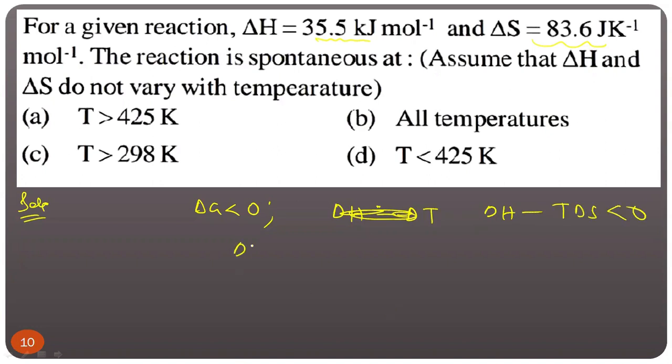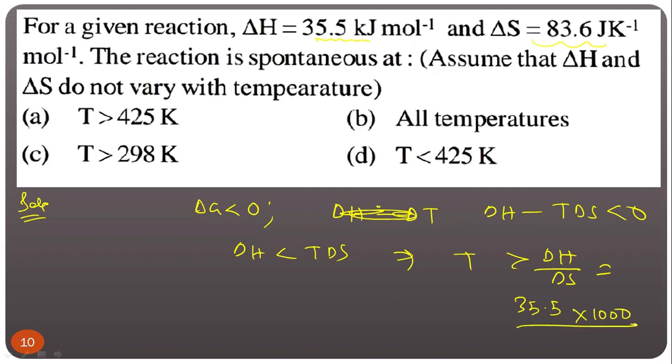Means delta H less than T delta S, means T is greater than delta H upon delta S. That is the relation. And what is delta H? 35.5 kilojoule it is given, converted into joule, divided by 83.6 joule.